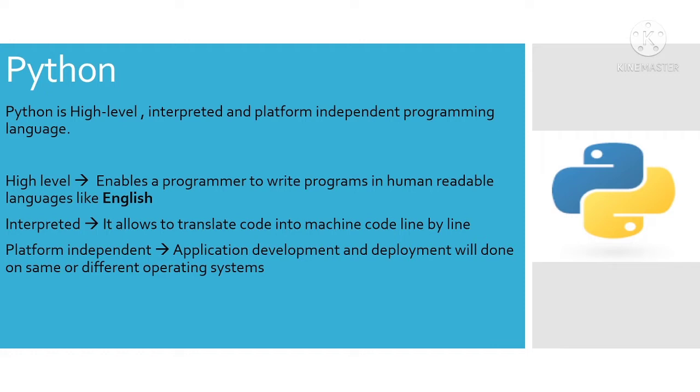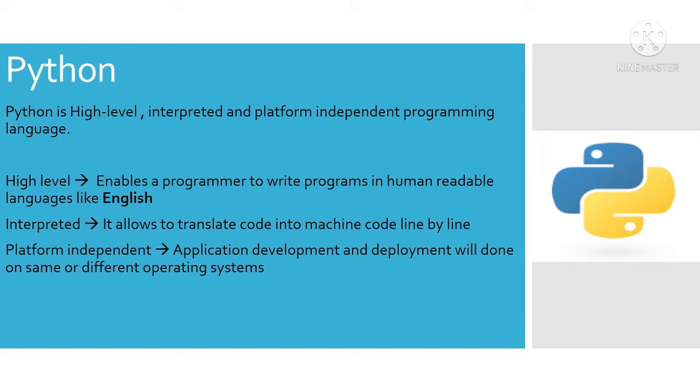So let's elaborate the definition to understand it more deeply. High level programming languages enable a programmer to write programs in human readable languages like English. That means we write the code in English, then Python itself converts the code into machine code using the interpreter.